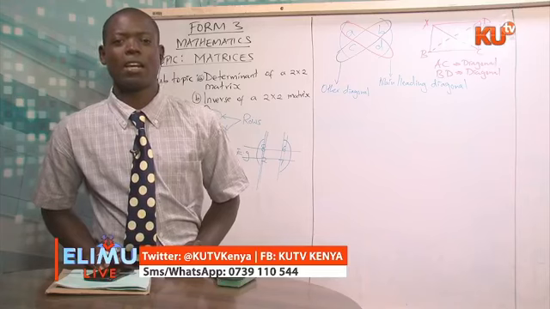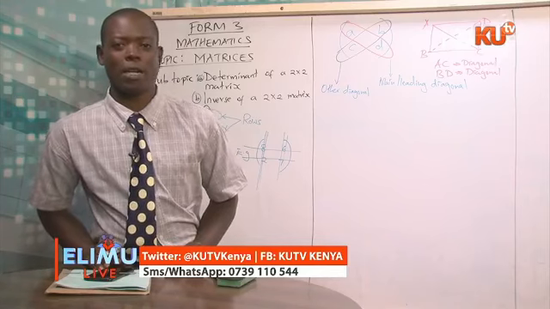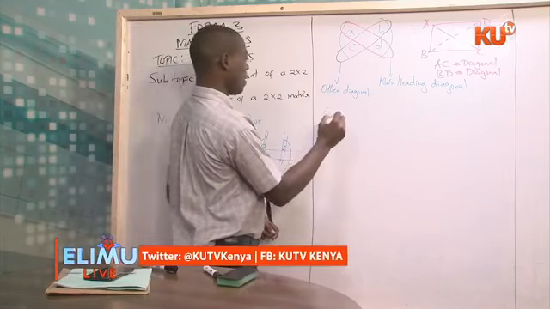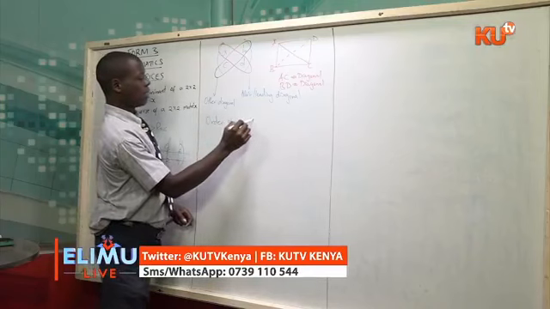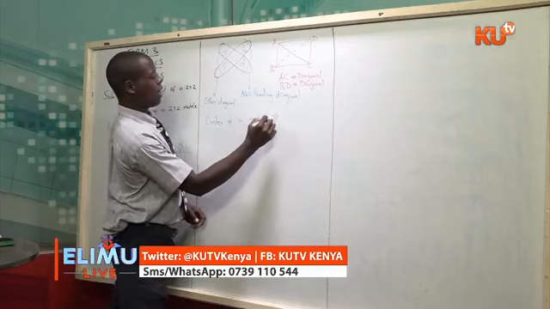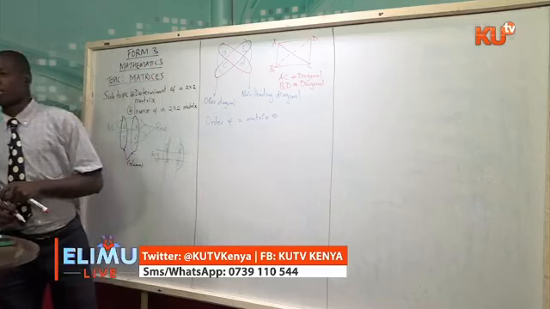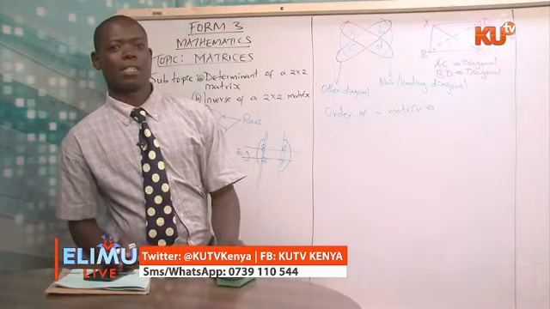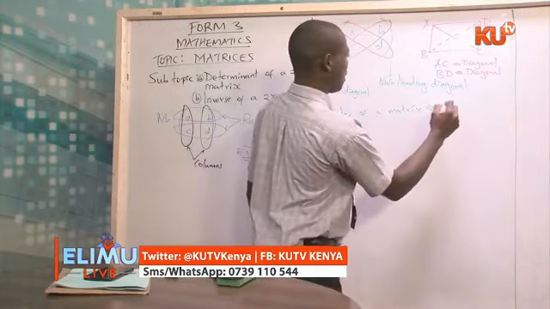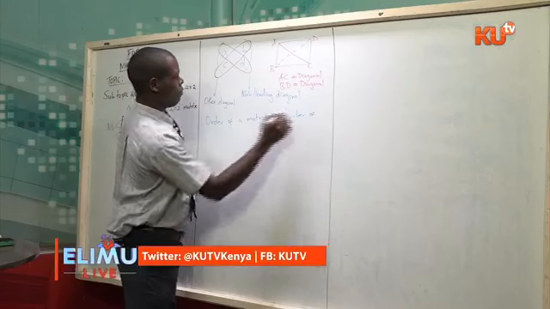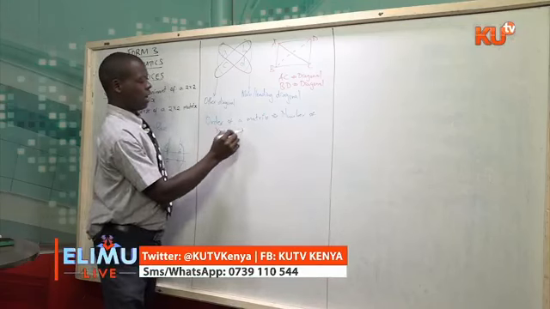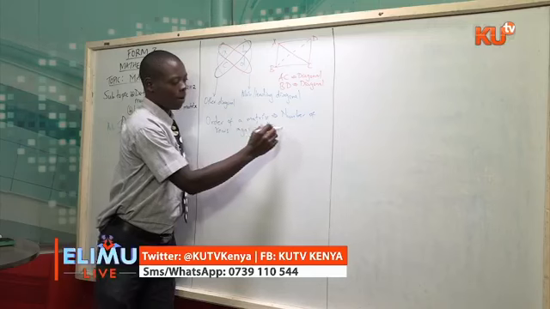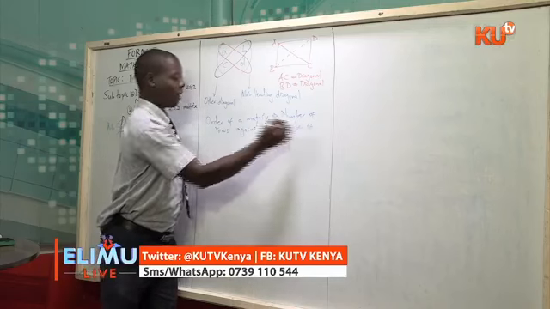Again, students, do you understand what we mean by the order of a matrix? When we talk about the order of a matrix, we are simply looking at the number of rows against the number of columns.